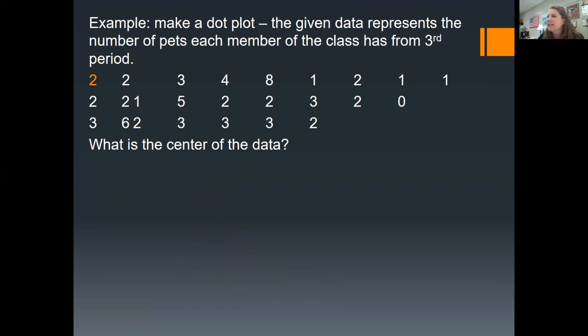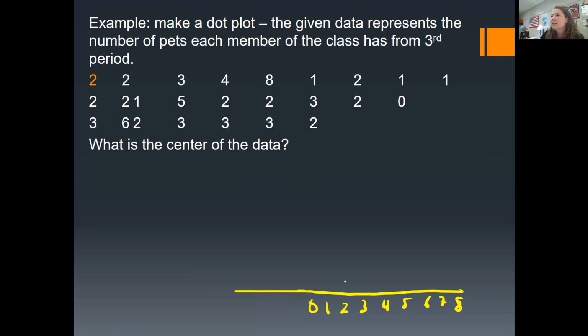Let's try that. I think the spacing messed up, so this shouldn't be a 21 or a 62. It should be a 2 and a 2, 1, and then on the bottom is a 6 and a 2. All right, so I see the numbers from 0 to 8. 1, 2, 3, 4, 5, 6, 7, 8.